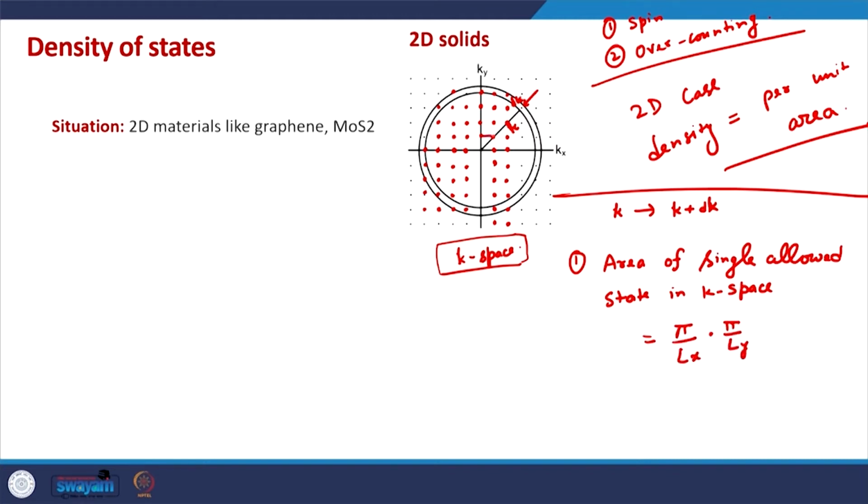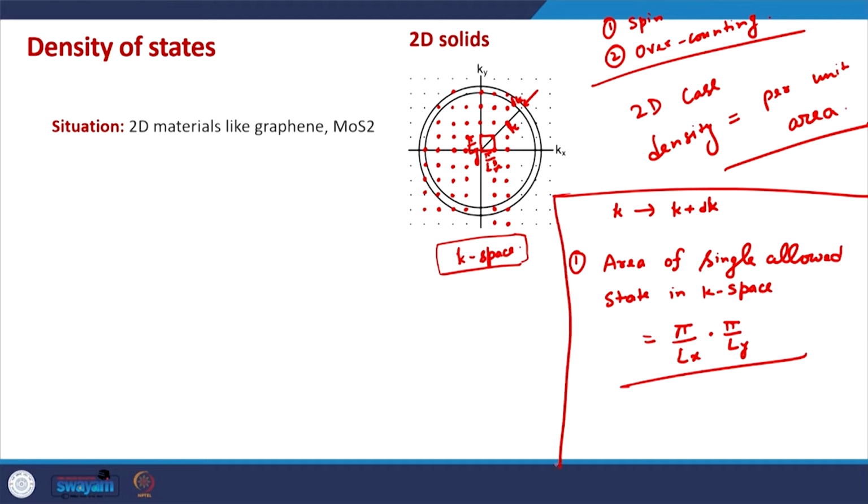So, this is the area of one allowed electronic state in the k space, and that is essentially pi by Lx times pi by Ly.